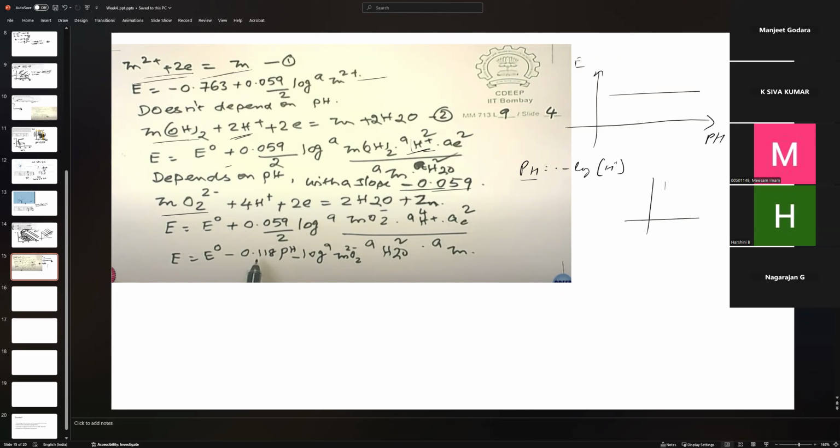So here, if you plot the reduction potential against pH, it will have a negative slope. And finally, for the third reaction, again, you have H+ in the reaction. So here you'd have both the pH and the zinc cation concentration.